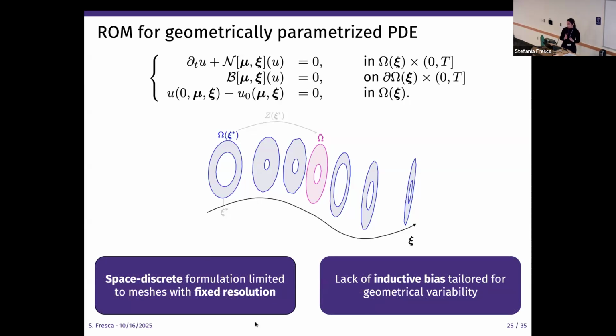Then the second point is the lack of a suitable inductive bias tailored for geometric variability. This means that we have to find an effective way to embed the geometrical parameterization into our reduced order model.